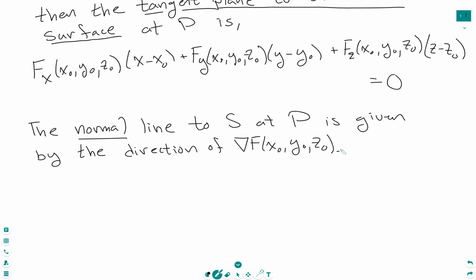Because recall, it's always orthogonal to any curve that's on S that passes through P. So that means that it is pointing directly orthogonal to the surface itself. So at that point, x naught, y naught, z naught, we can find this normal line now, right? Because you can imagine a normal to a plane is this constant thing. But the normal to a surface is going to be constantly changing depending on what that surface is like. And this is a way to find that.